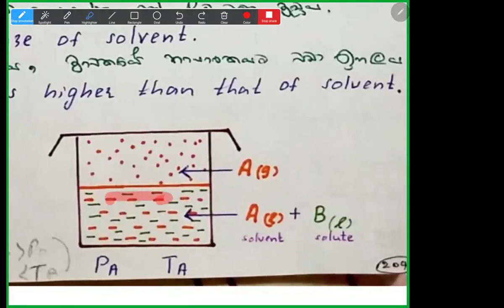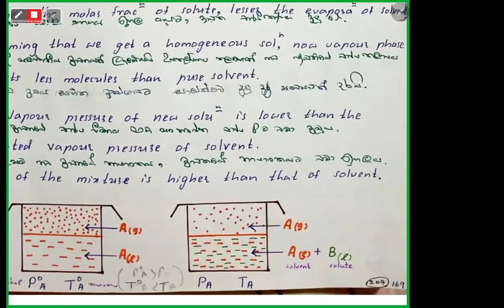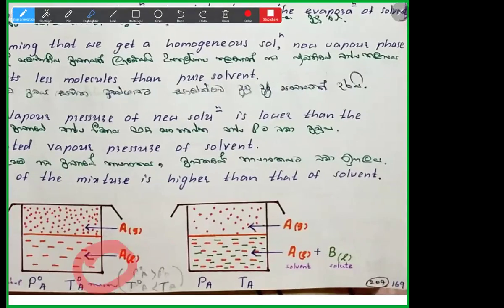So they are making interactions here. B doesn't let A evaporate freely. So here the vapor pressure of A is less. This is called partial pressure, which is less than saturated vapor pressure. So this is greater and this is less. Clear? Because non-volatile solute decreases volatility.